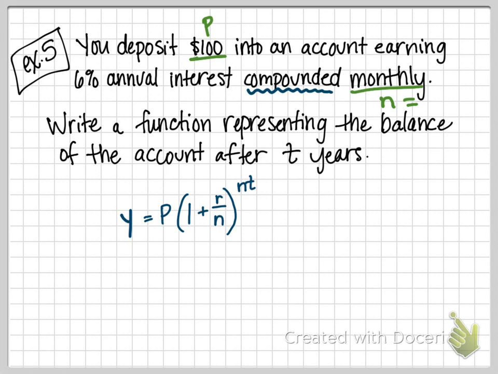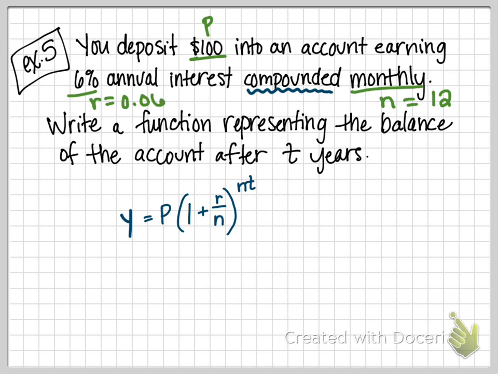How many times in a year? 12. So N is 12 because that's always the number of times it's compounded per year. If it's compounded every month, it's compounded 12 times a year. What is R? It is your interest rate. So we know that our 6%, we'll write that as a decimal, 0.06.